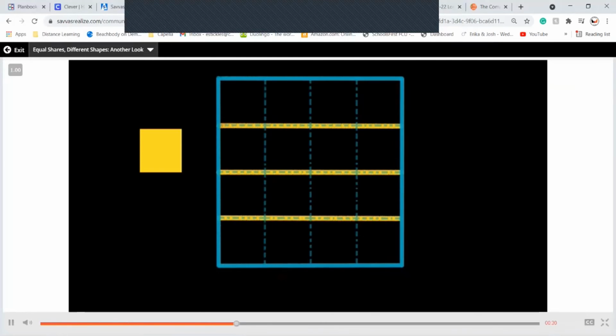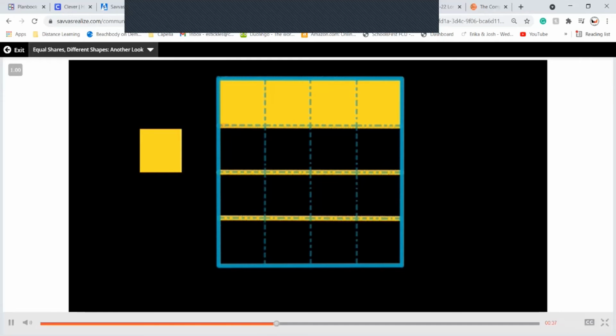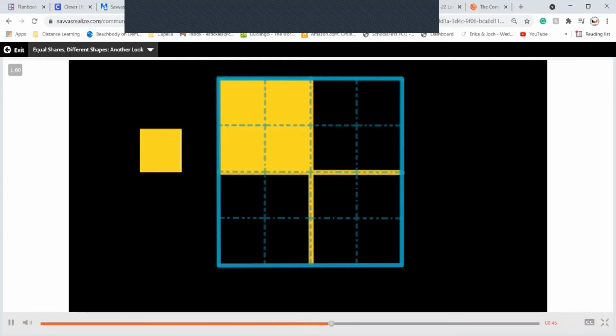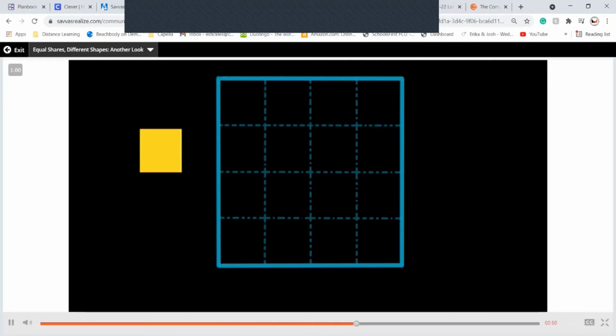Here's a different way. Are all the shares equal? Yes, there are 4 equal-sized small squares in each share. Look at this. Does this show another way? That's correct. This shows a different way to show 4 equal shares. Let's see if we can find one more way to show 4 equal shares.